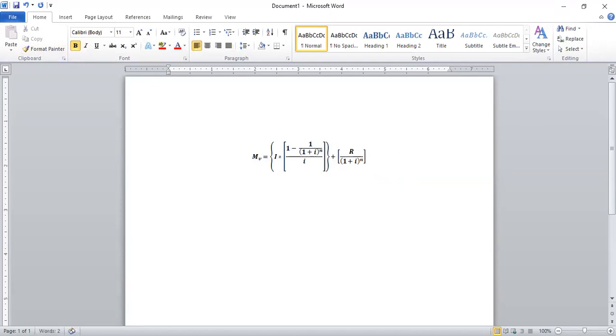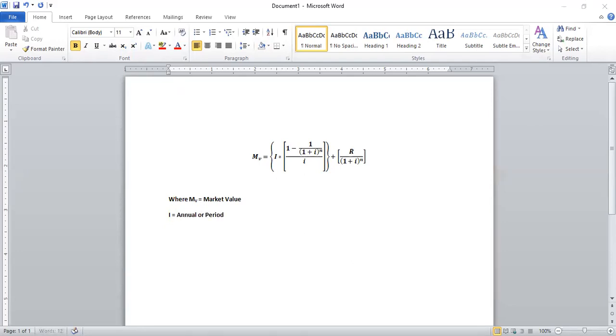Where M is the market value. Our I is equal to annual or periodic interest.